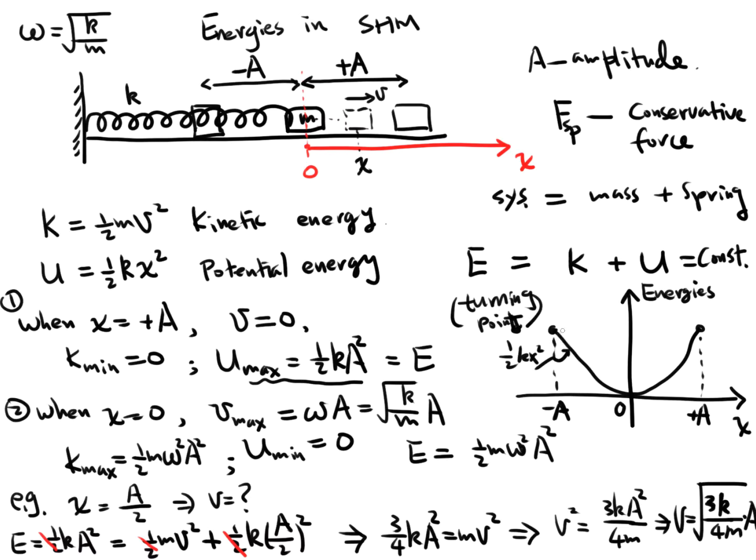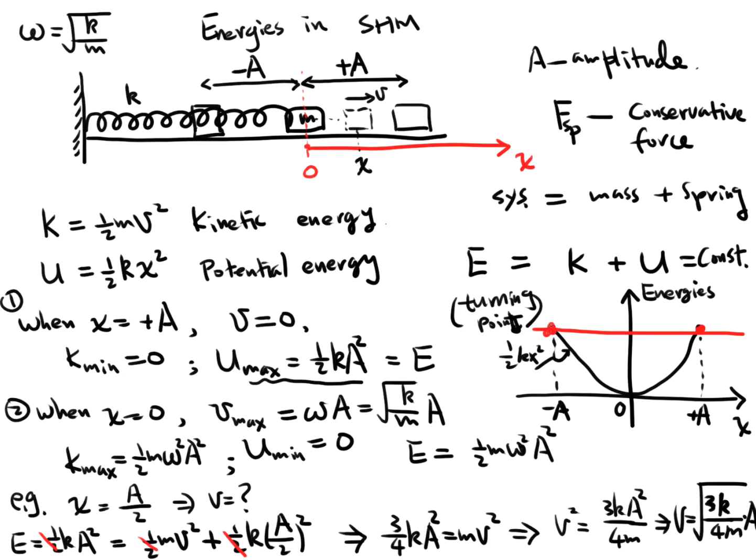Now, for drawing the total energy, I'm going to use this red curve, and it's going to be a constant, and its constant value is 1/2 ka squared. So it's going to intercept this 1/2 kx squared curve right at these two boundaries.